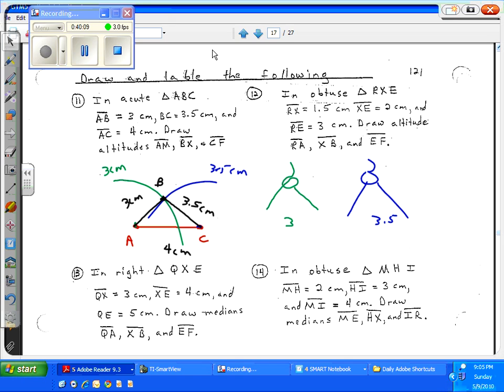If I was going to draw the altitude from B to AC, what I would do personally is I would take my protractor and I would find the little hole and I would find the 90 mark and I would slide it until it lined up.